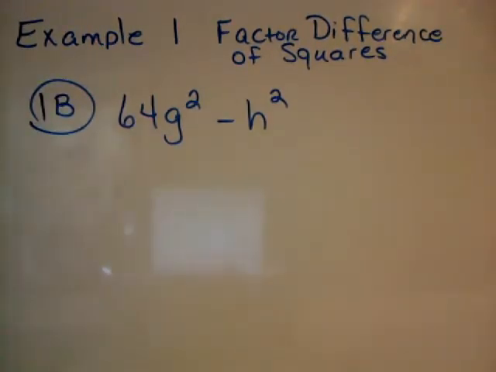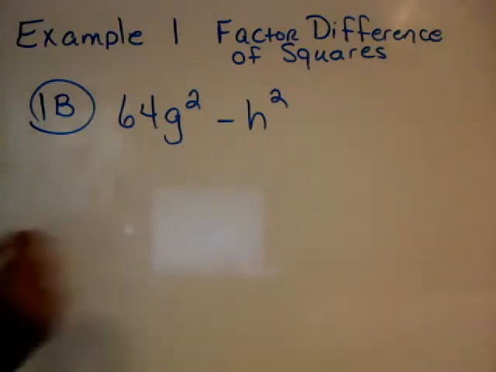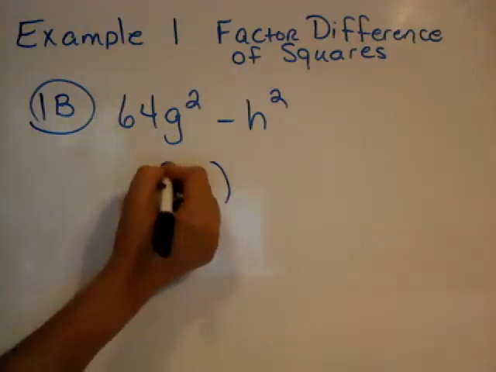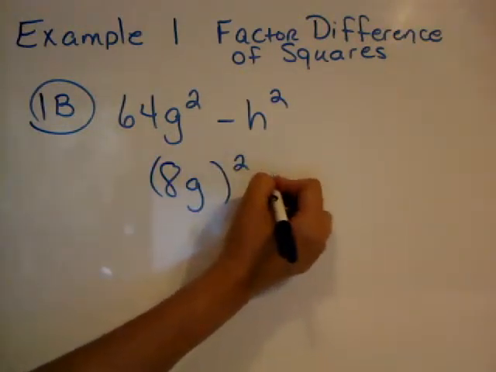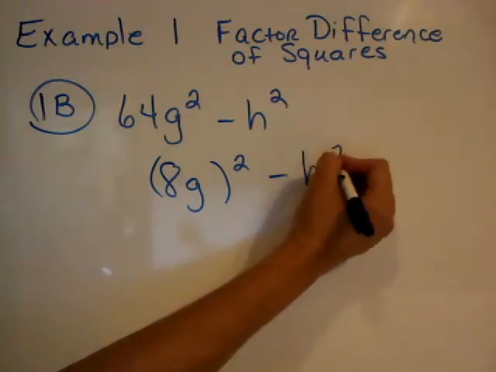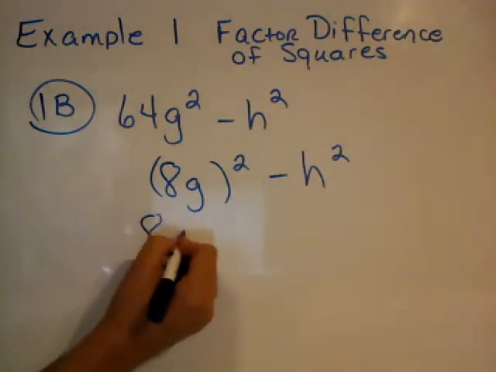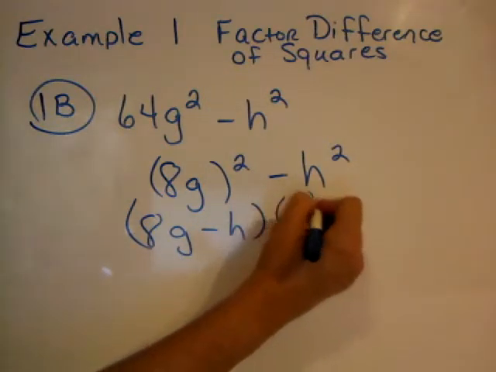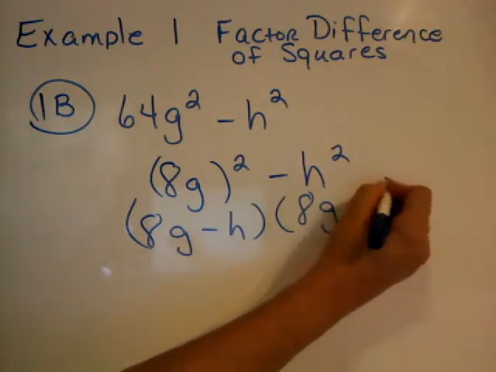Example 1b says 64g squared minus h squared, and so I know that 8 times 8 would give me 64, so 8g squared minus h squared. So then I have 8g minus h times 8g plus h.